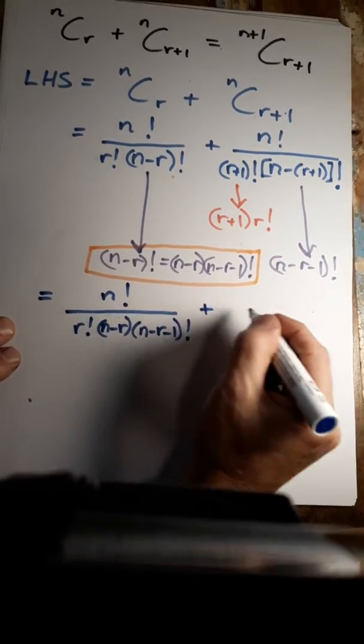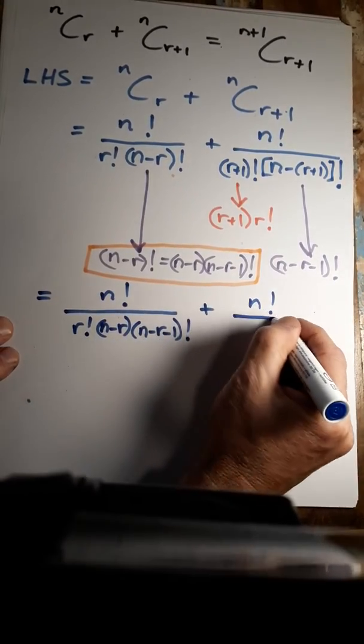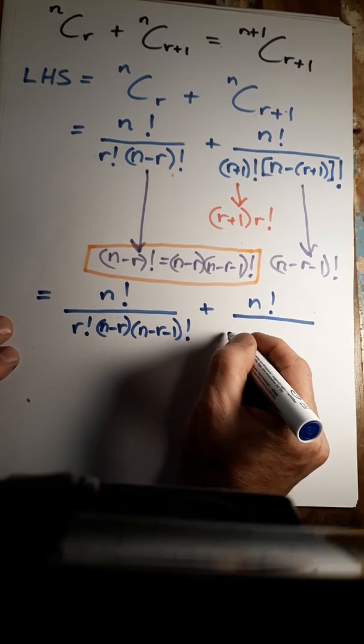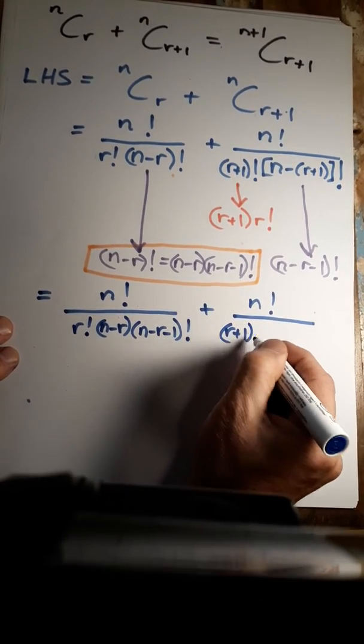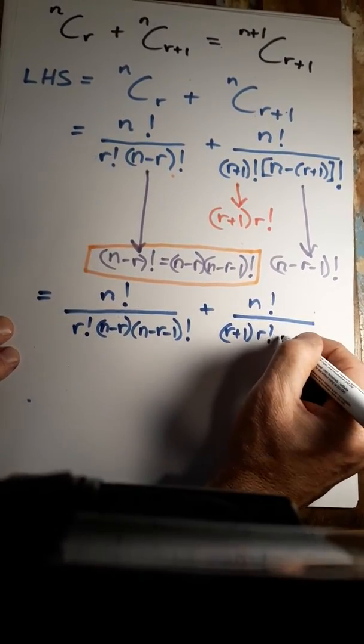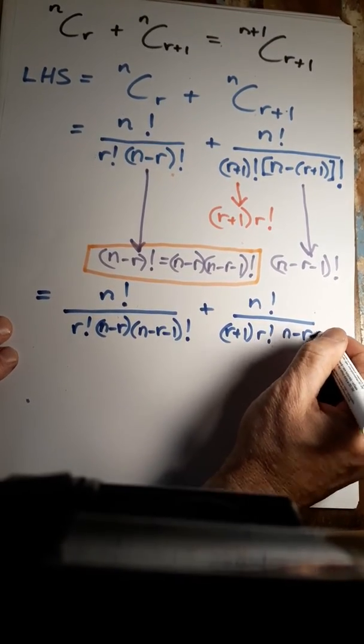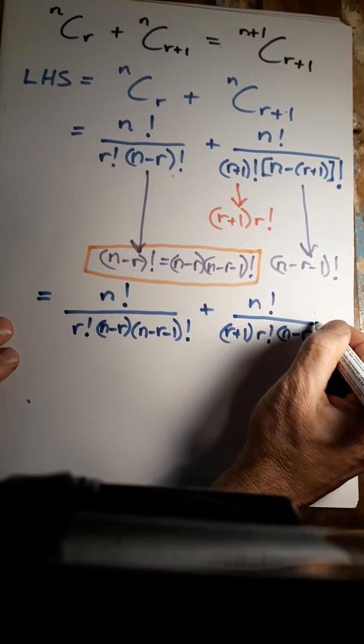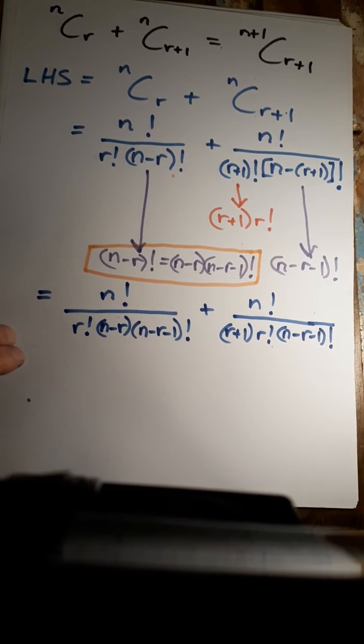This one here is n factorial on r plus 1 times r factorial times n minus r minus 1 factorial. So we can see what we need to do now to make a common denominator.